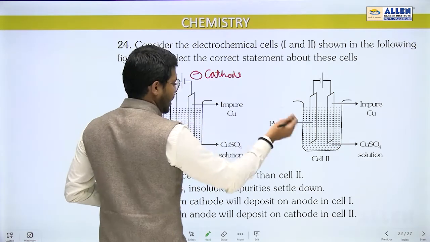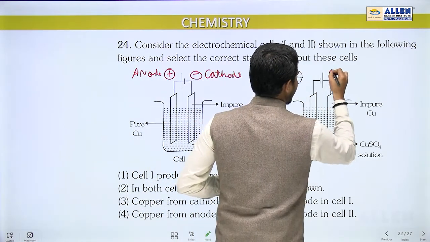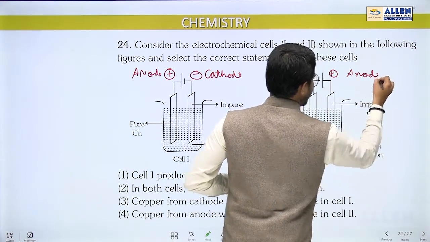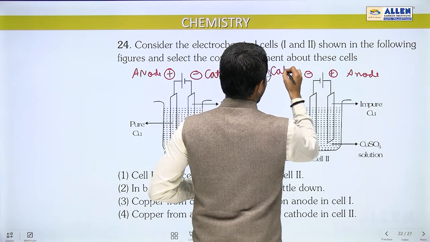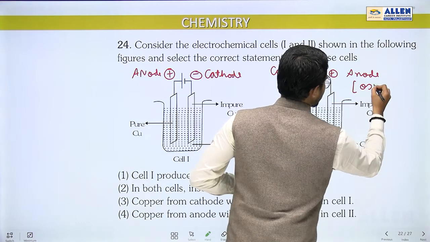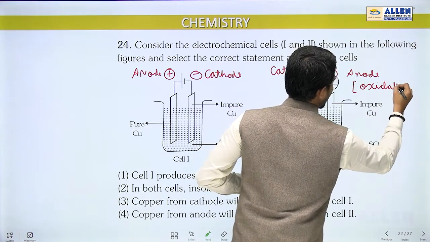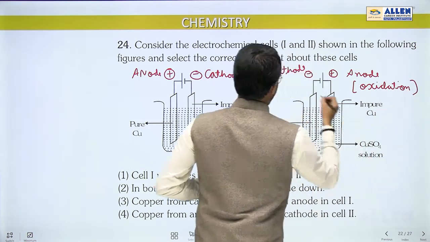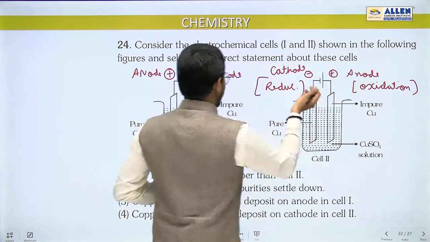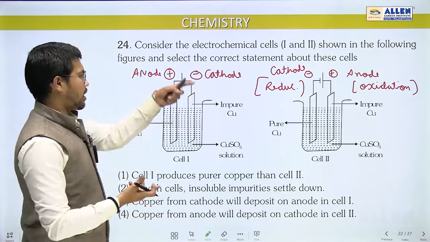In cell 2, this is positive terminal and this is negative terminal, so we'll say this is anode and this is cathode. We know that on anode oxidation and on cathode reduction takes place, same here also.